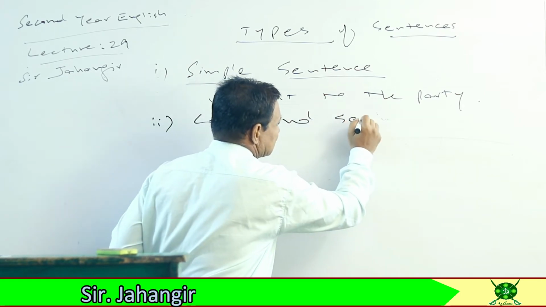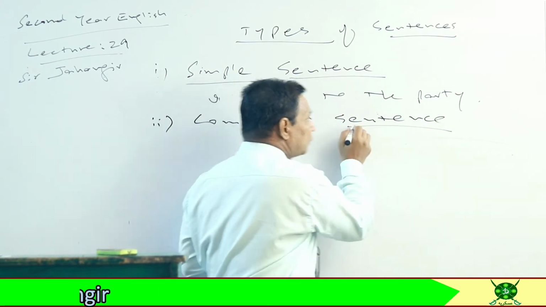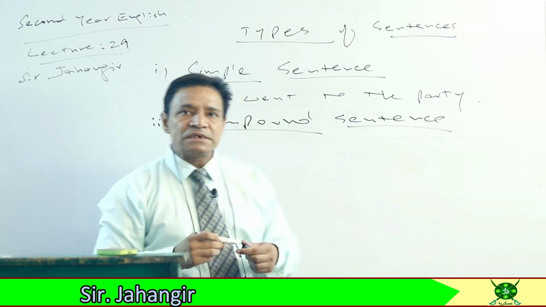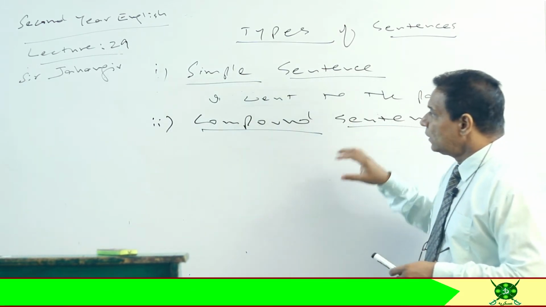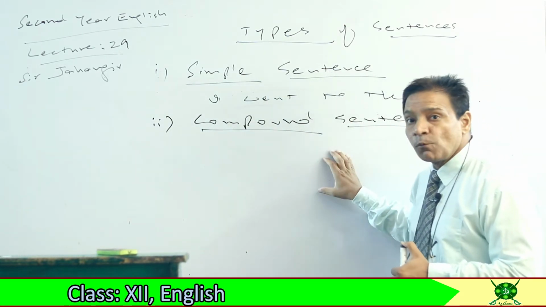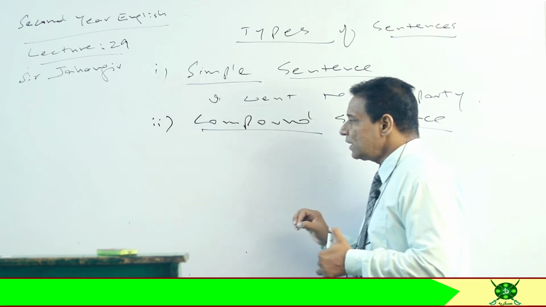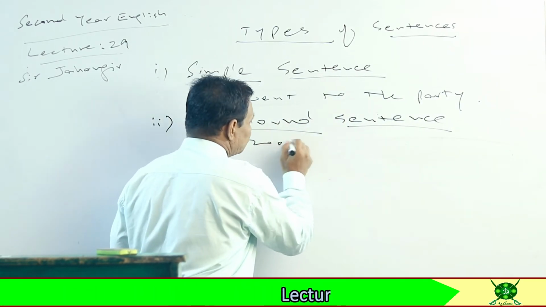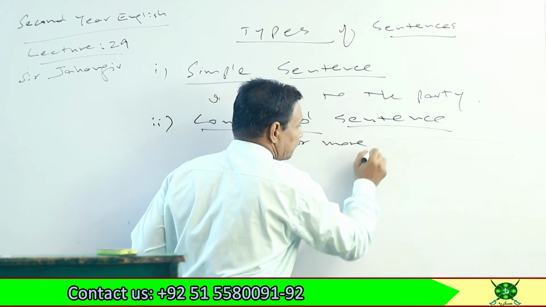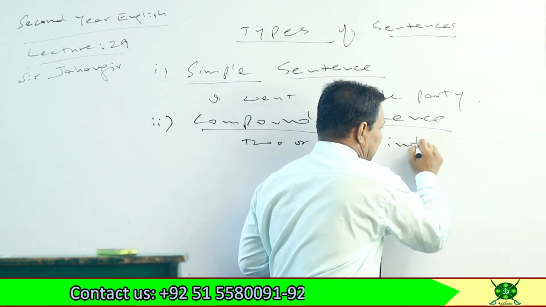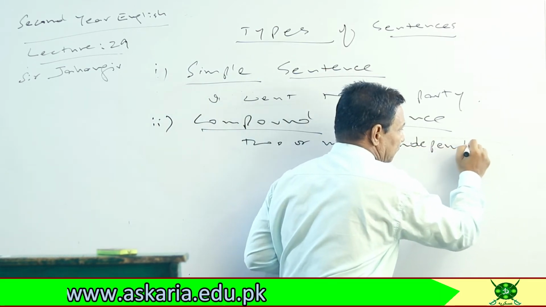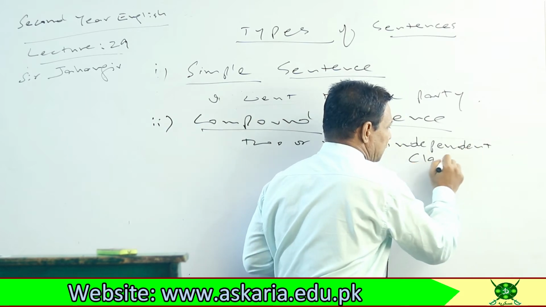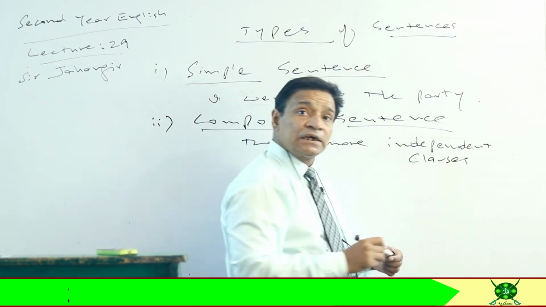Compound sentence. Now look at what compound means: a type of sentence with two or more independent clauses. This is the main thing.